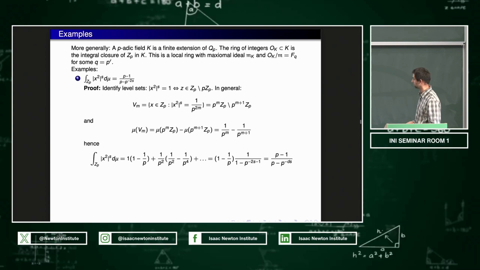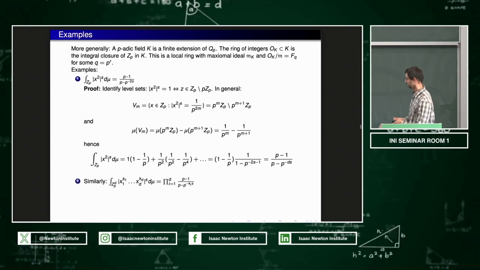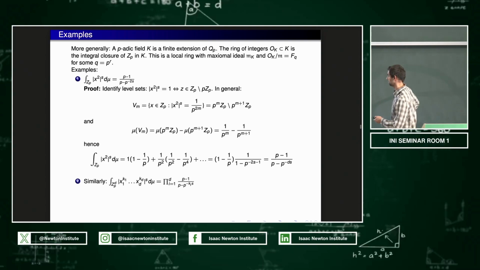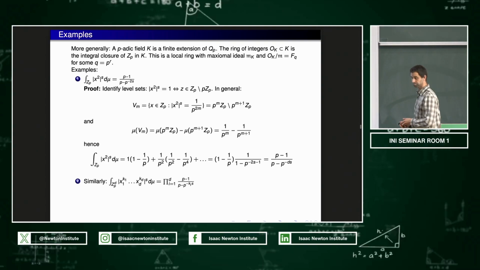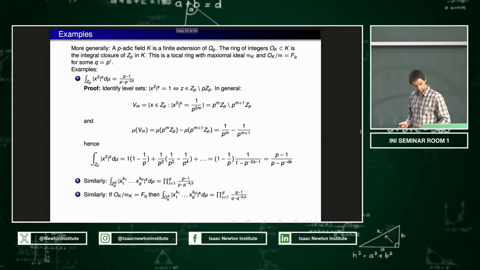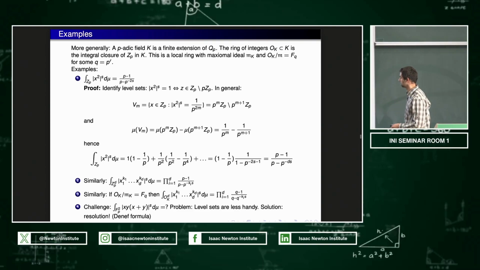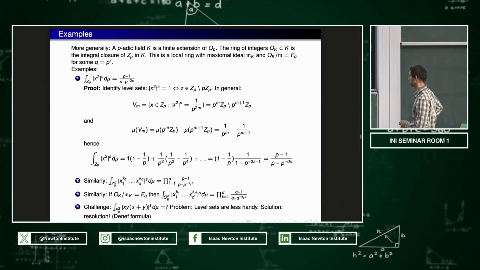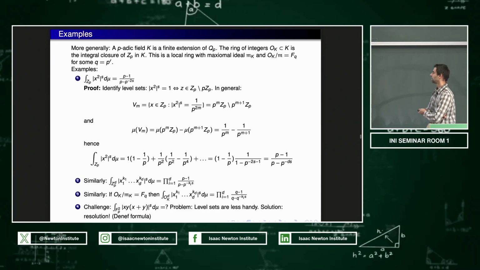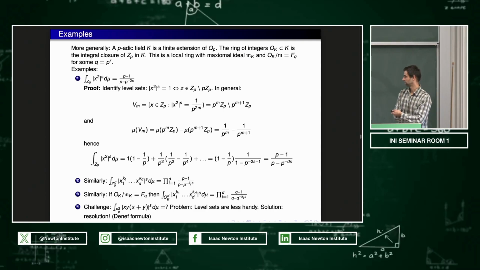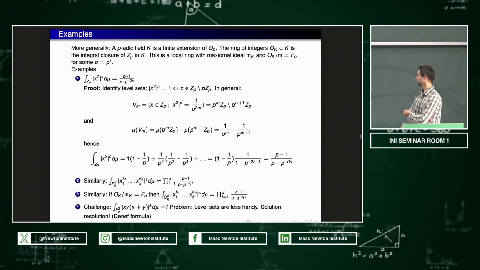You can do the same calculation, and you believe that it works for any monomial function. The problem is, the real challenge, if you replace this with another polynomial, and we would like to do this for some plane curve singularity in the end of the day, it becomes really complicated because the level sets are less handy.